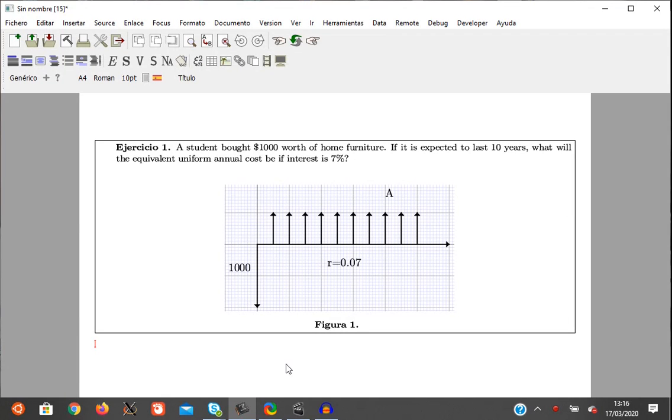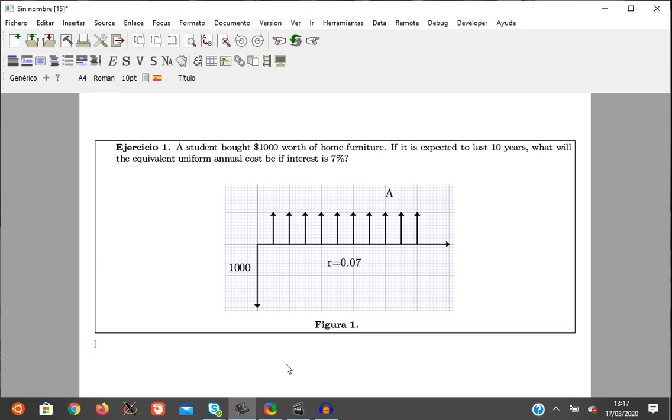What is more precise, a 7% rate of interest levied by the financial entity that finances the operation. Okay, for doing so, we have to establish this balance equation that we're going to build now.